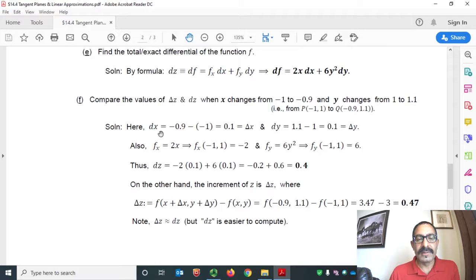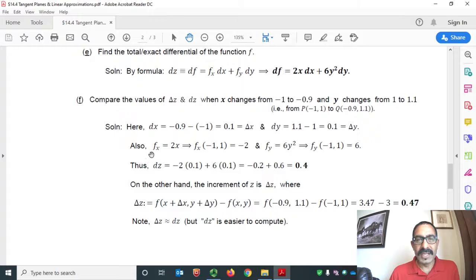So here dx is simply the change in x, so -0.9 minus (-1), which turns out to be 0.1, which is delta x, and dy is the change in y, which is 1.1 minus 1, turns out to be 0.1, which is delta y.